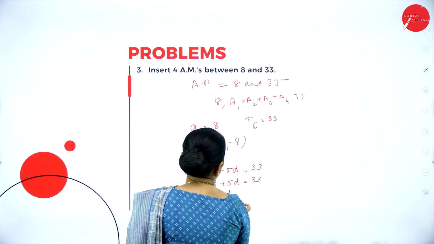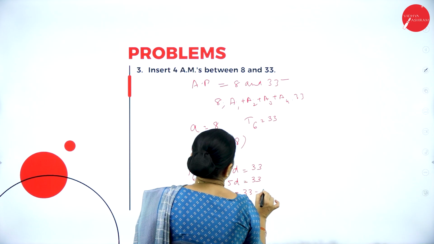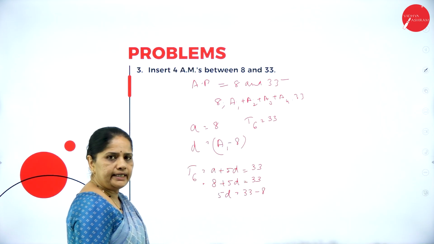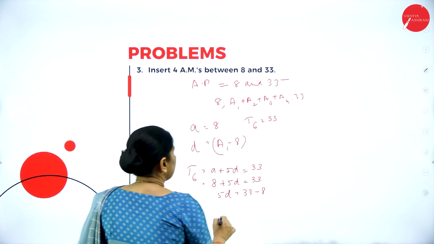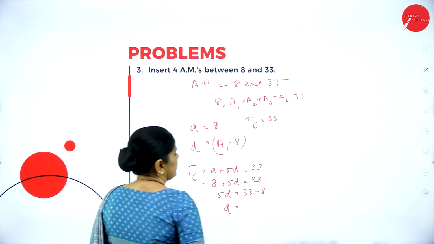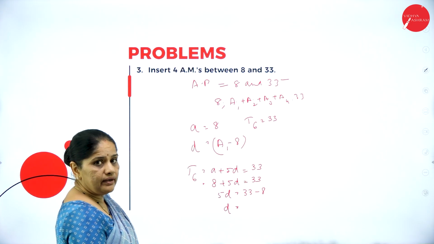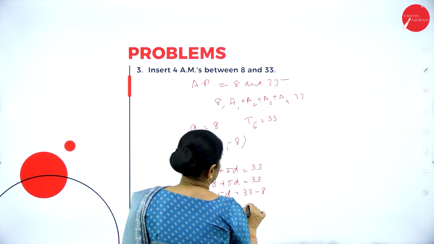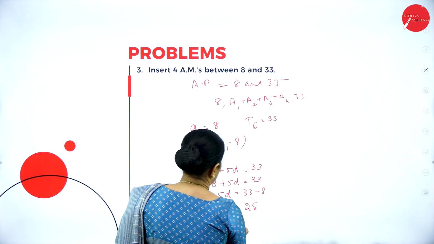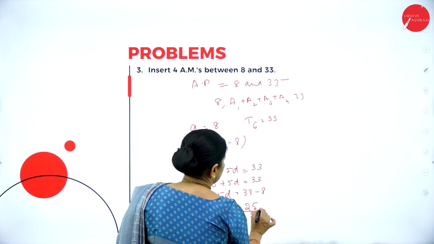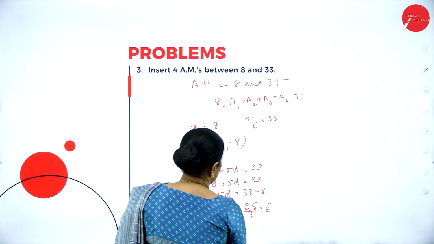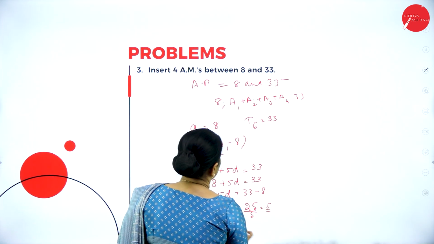Then 5D will be equal to 33 minus 8. So D will be equal to 33 minus 8, which is 25, divided by 5, that is 5. So D is equal to 5.